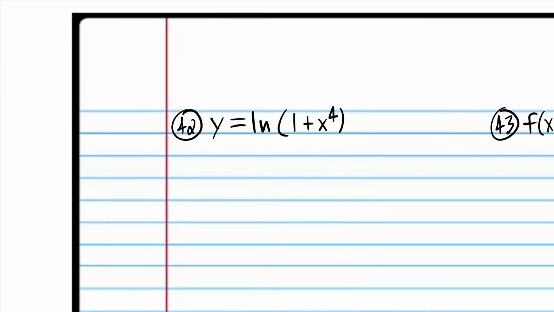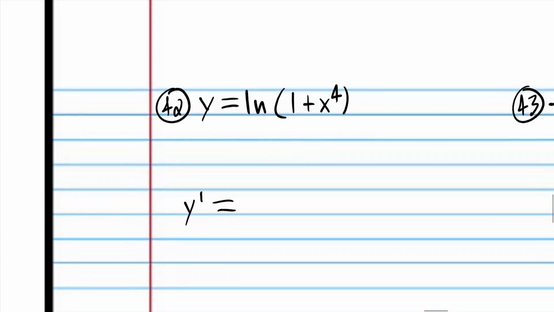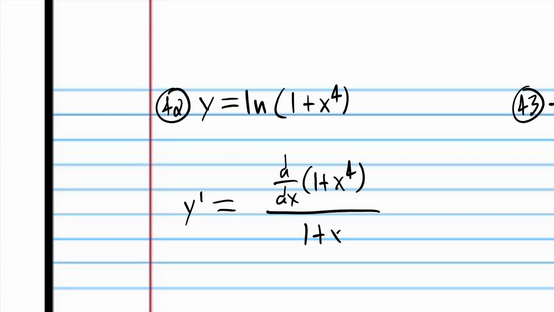So we have a function inside the natural log function. Our formula tells us that the derivative of this expression is just the derivative of the inside function divided by the inside function.